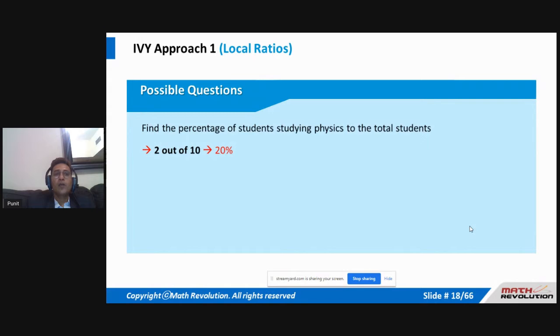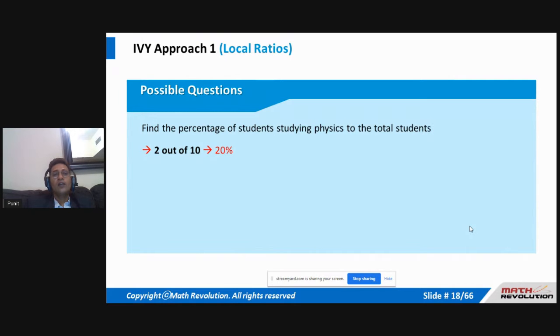Now let's think about a possible question they can ask in this general format. The question could be framed as: find the percentage of students studying physics to the total students. When we see the word "to," we know it's a ratio, and we have to deal in terms of percentages.